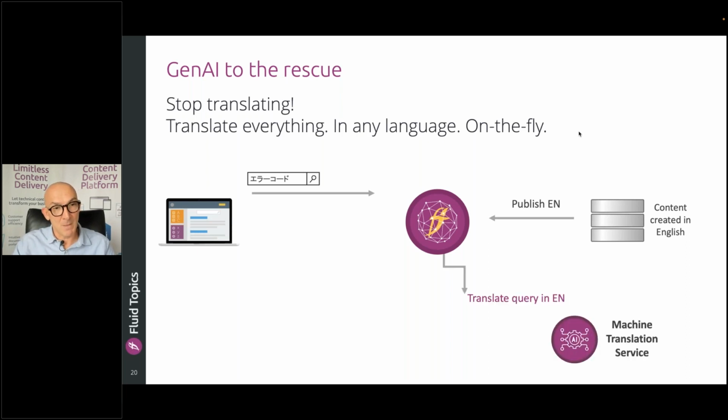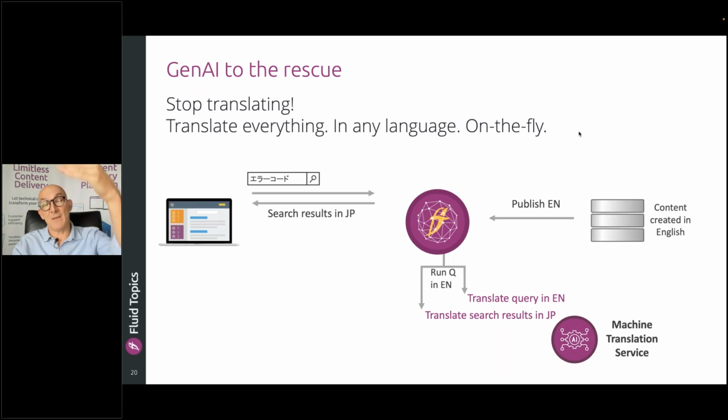Not a problem, because you can first translate that query into English using machine translation services on the fly. Then you run the query in English on the English content, which gives you back a search result list in English that you translate silently, automatically on the fly into Japanese, and you send back search results in Japanese to the user, even though you don't have Japanese content.